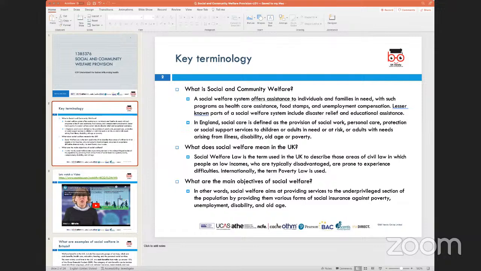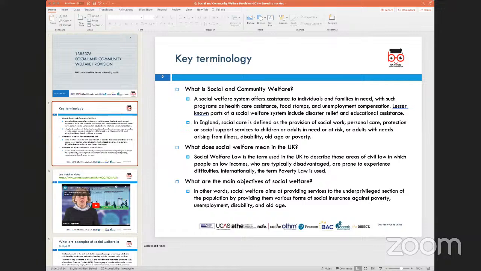So things like education, healthcare, for example, universal tax credit. Basically, there are certain areas in which the government would provide equal services, without any differentiation or discrimination, to all members of the public, citizens of the country.